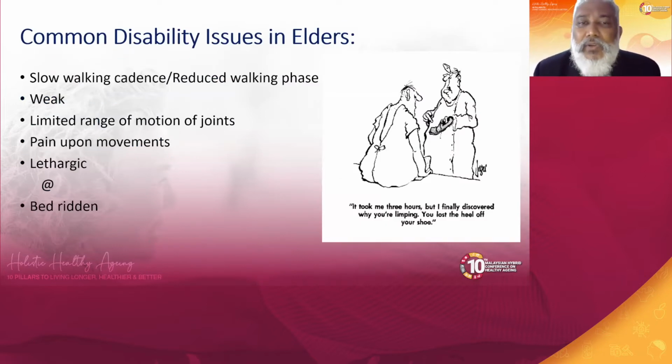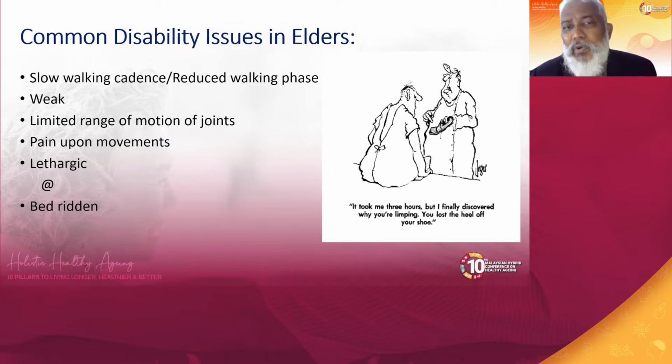When we talk about common disability issues in elders, it's always the deconditioning process and the weakness when we get older. We'll have slow walking cadence, reduced walking pace, weakness, limited range of motion of the joints, and most commonly we hear pain upon movements and feeling lethargic, less energetic, or in the worst condition the person can be bedridden.